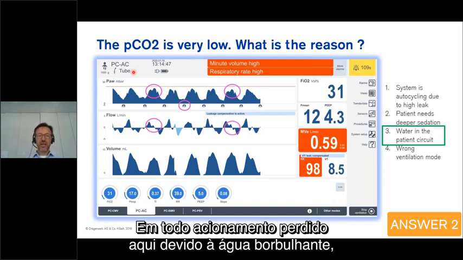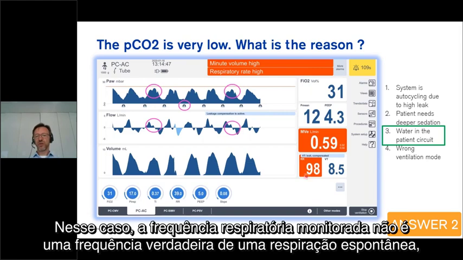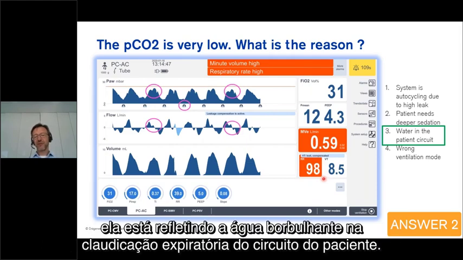That means every mistrigger here due to the bubbling water in the patient circuit will as well trigger a breath. And this will surely hyperventilate the patient in this case. So the monitored respiration rate is not a true rate from spontaneous breathing. It's reflecting the bubbling water in the expiratory limb of the patient circuit.